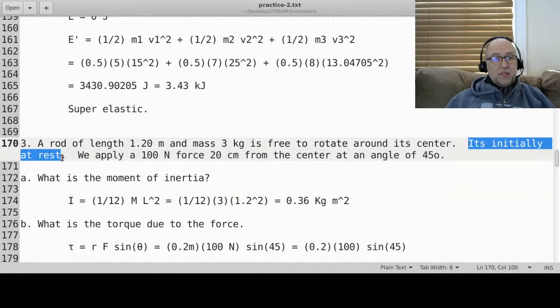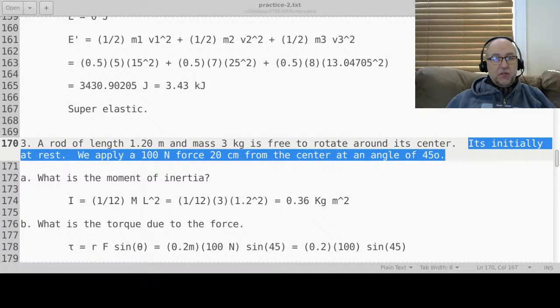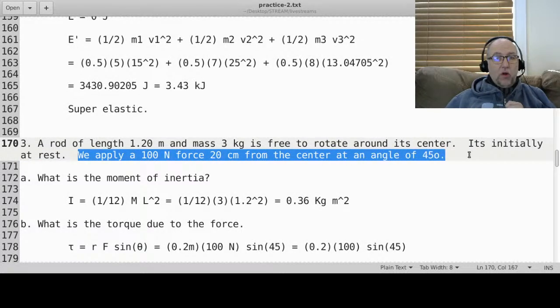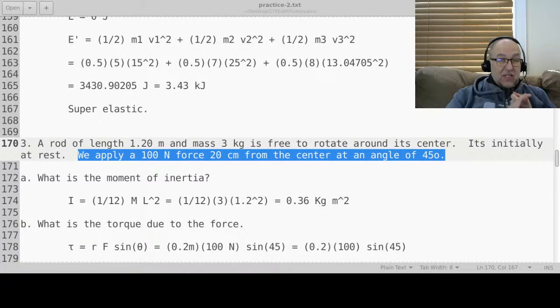It's initially at rest, and we apply a force to it. We apply the force at 20 centimeters from the center, at an angle of 45 degrees. Now that might be a little hard to picture, so I'm going to draw that for you next. But basically, where I say we apply this force at a certain distance from the center and at a certain angle, I'm giving you torque information.